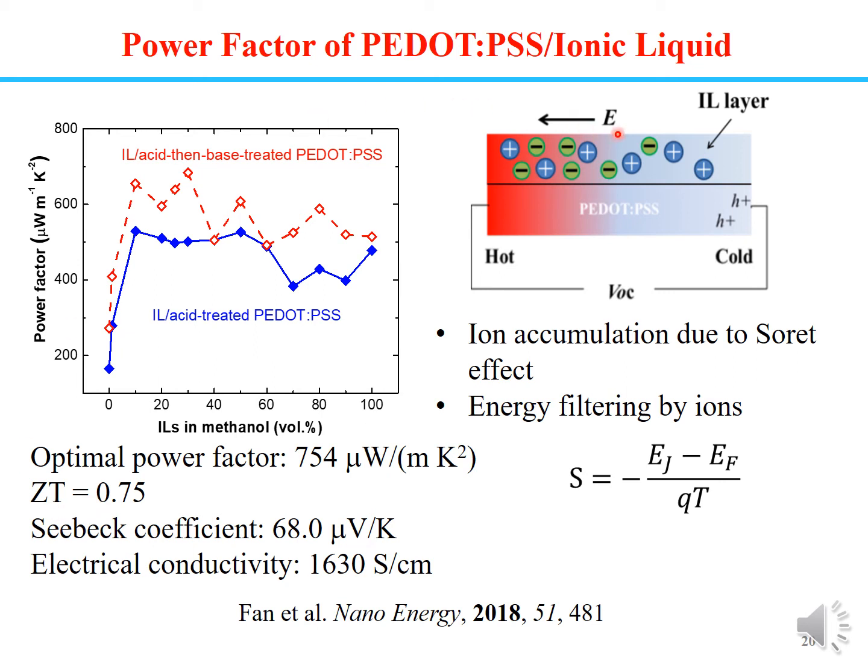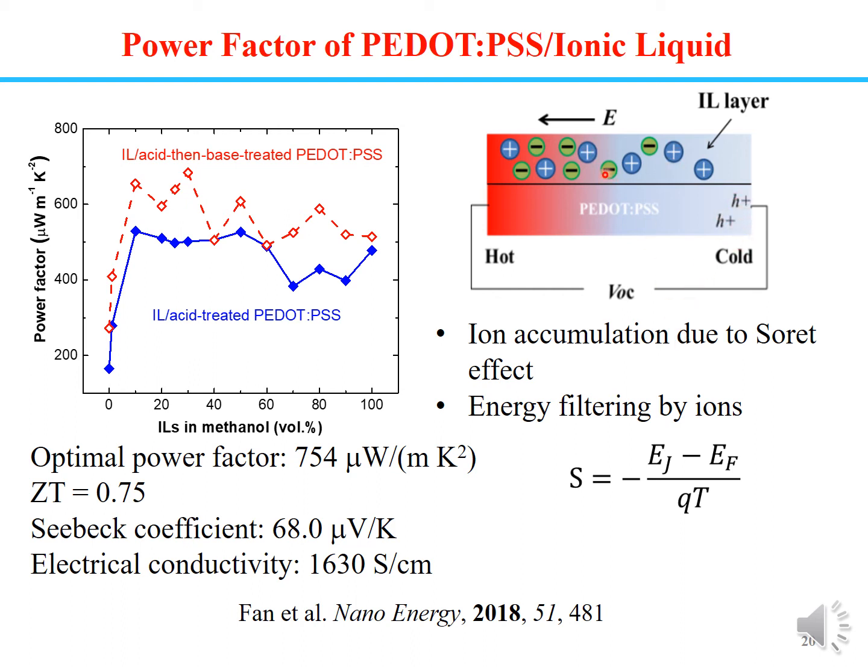Why can a layer of ionic liquid enhance the Seebeck coefficient of PEDOT:PSS? We propose such an energy filtering mechanism. Under a temperature gradient, the charge carriers in PEDOT:PSS accumulate. The holes accumulate at the cold end.